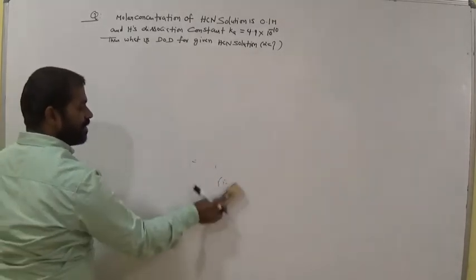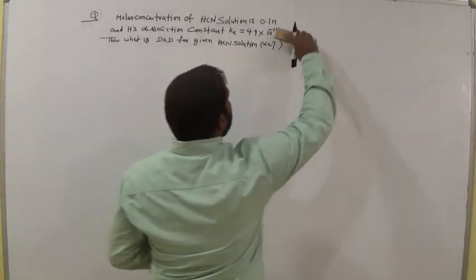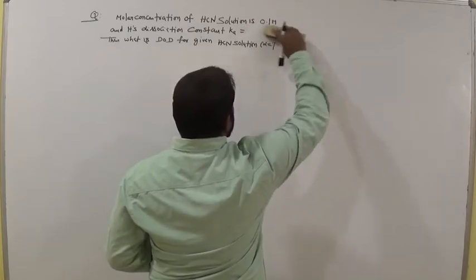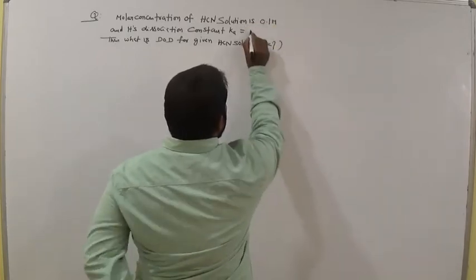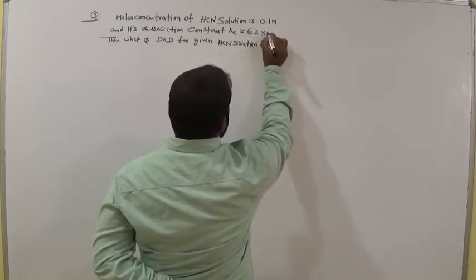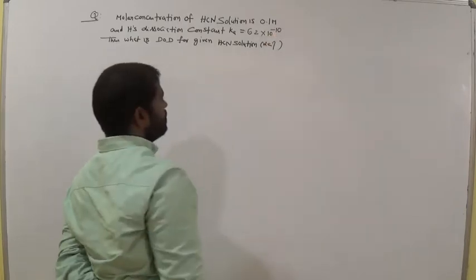Now in the same problem, I would like to give you this expression as 6.2 into 10 power minus 10.